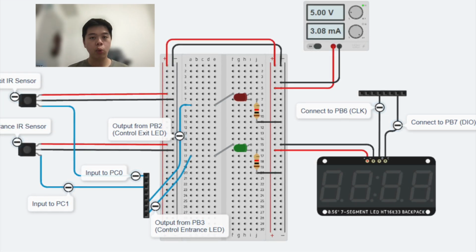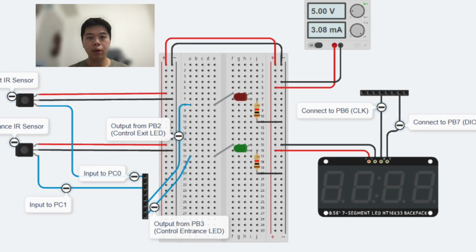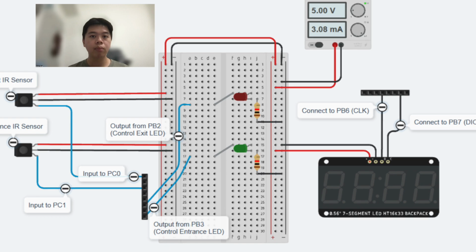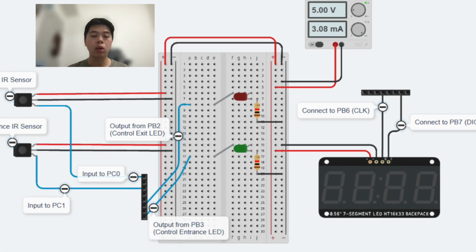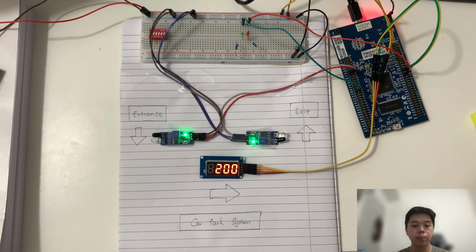So for this project, we are not going to be using any hardware abstraction layer library. We are going to focus on the register level manipulation of the bits instead. Without further ado, let's jump into the project.